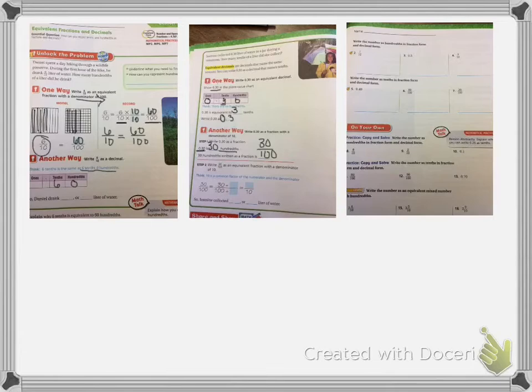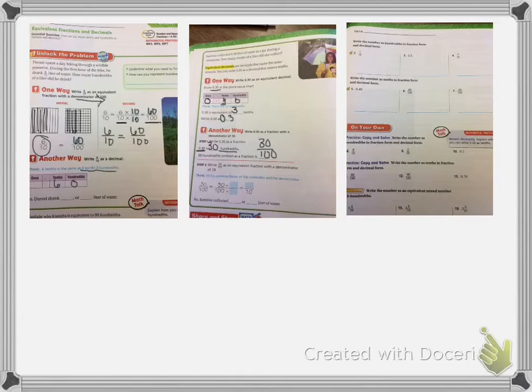Now, at the beginning of this lesson, we did an equivalent fraction using multiplication, but we also know from our previous lessons that we can work the other direction as well. We can do it using division. So if we have a fraction in the hundredths place value, and it asks us to write the equivalent fraction with a denominator of 10, then all we have to do is think about, well, 100 divided by what would equal 10?